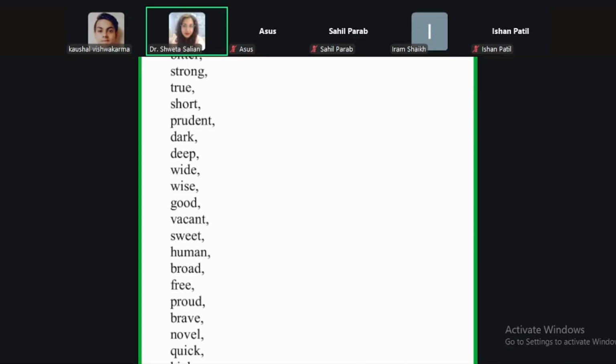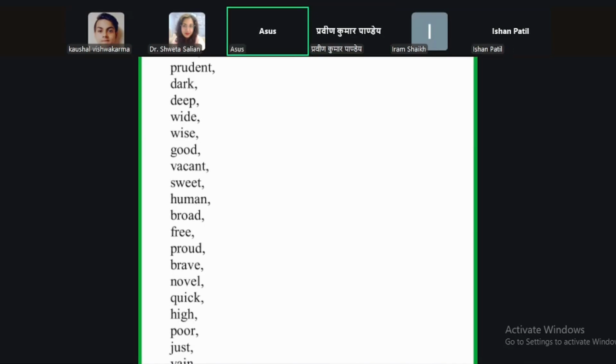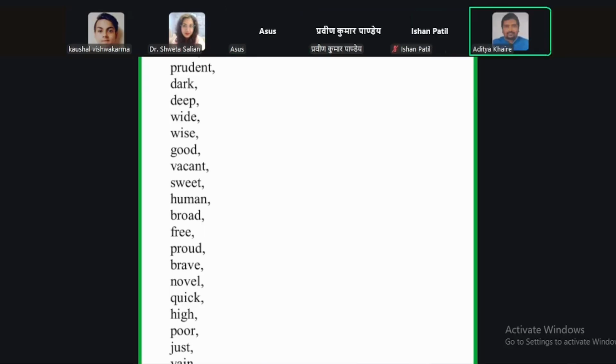That word is commonly used, and therefore, it comes to your mind very fast. Then sweet, sweetness. Then human, humanity. Very good. Broad, broadness, breadth. Freedom. Length, width, and breadth.